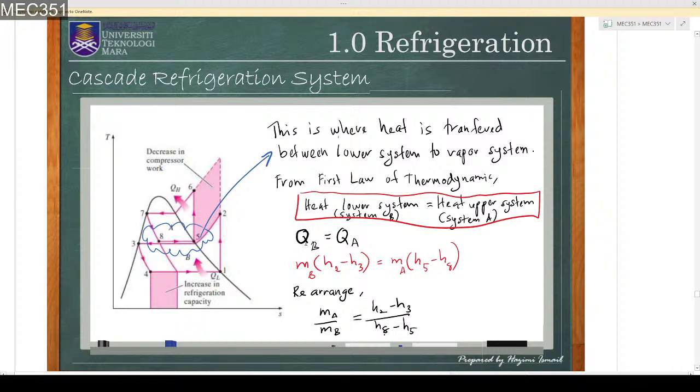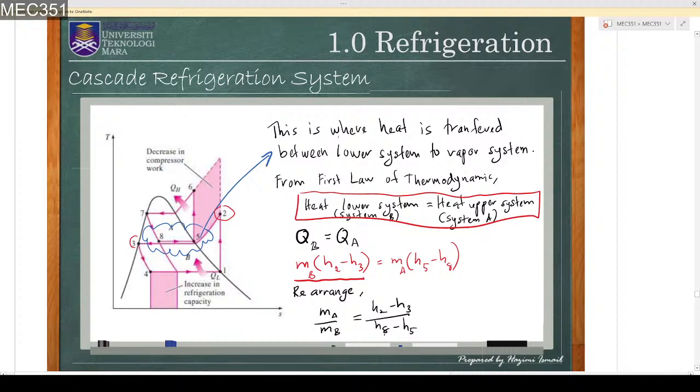And then from Q, we know the heat from 2 to 3 can be obtained by using this formula: mass flow rate of B times the enthalpy change between state 2 and state 3. So MB times H2 minus H3. This is what we got.